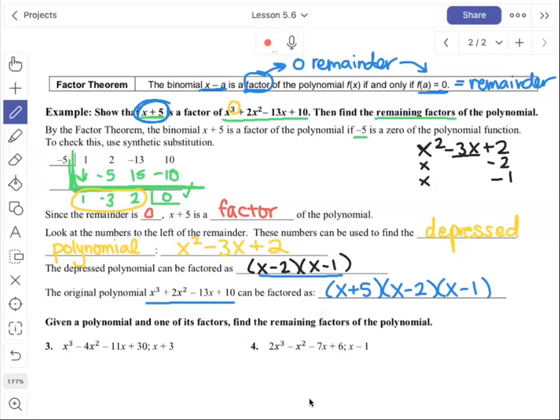All right, so hopefully that made sense. We first divided with the factor we knew. And then with the depressed polynomial, what was left over, we factored that to get the entire thing factored. All right, any questions? Let me take a pause.